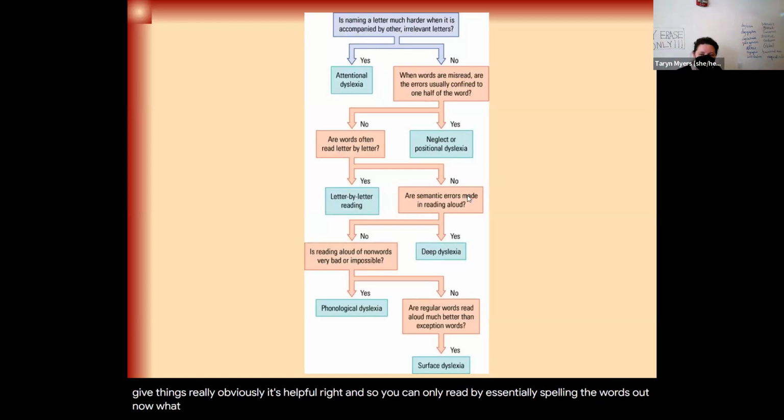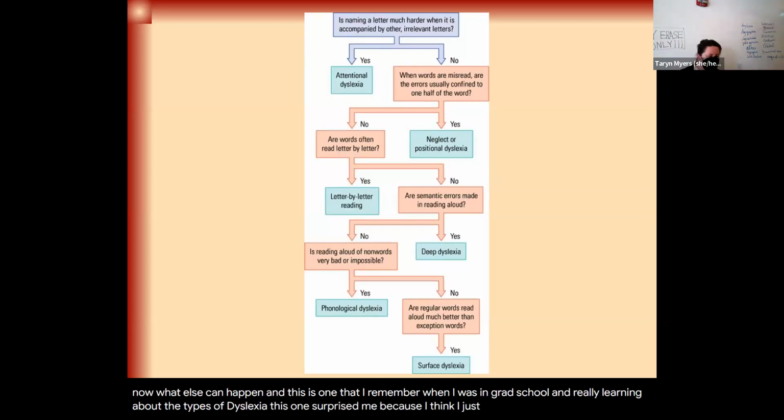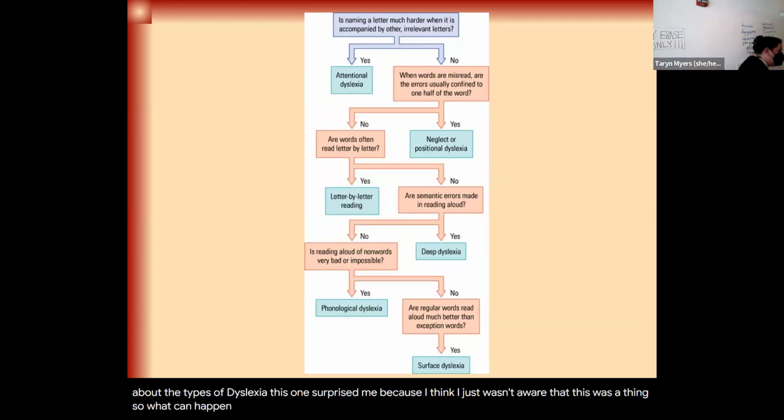Now, what else can happen, and this is one that I remember when I was in grad school and really learning about the types of dyslexia, this one surprised me because I just wasn't aware that this was a thing. So what can happen is you're reading along, and let's say you're supposed to read the word dog, and you read out loud puppy.